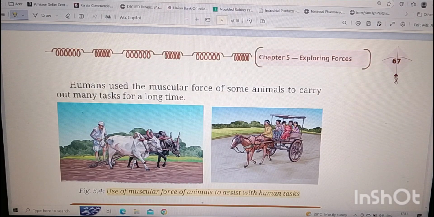These are uses of muscular forces of animals to assist with human tasks, to meet human needs. These are some examples. So this is a type of contact force. Simply, we can say muscular force is a type of contact force, whenever there is a physical interaction between two objects, or whenever the muscles stretch and elongate, there will be muscular force acting on it.